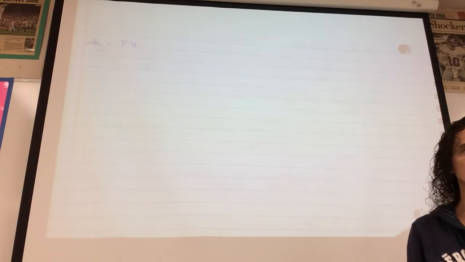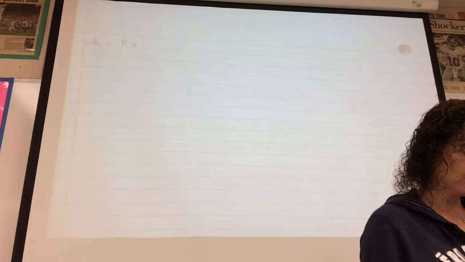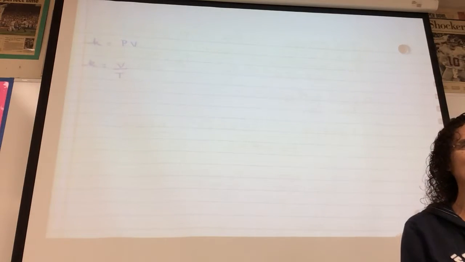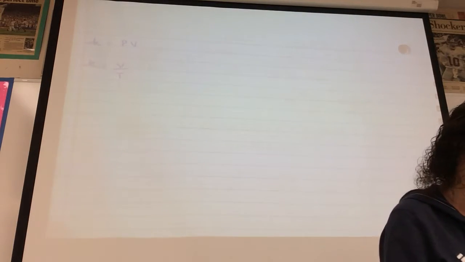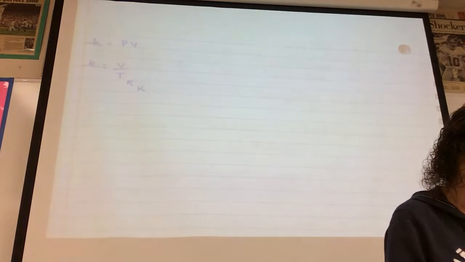What we're going to look at today are some additional gas laws, and we're going to introduce the temperature concept here. We're first going to look at Charles' law, which shows the direct relationship between volume and Kelvin temperature. Hence, in the Do Now, we looked at Kelvin.